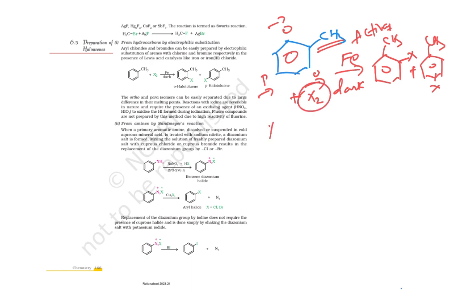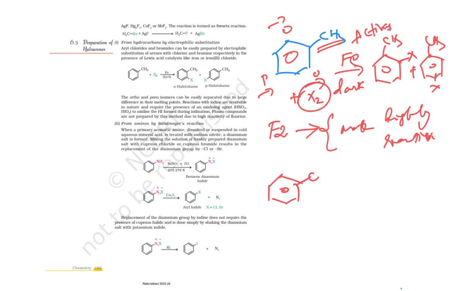But what if I am using a halogen, what if it is F2? If I am using F2, this reaction is more vigorous. It is highly reactive, and we are not able to control this reaction in the case of F2. What if toluene reacts with I2?